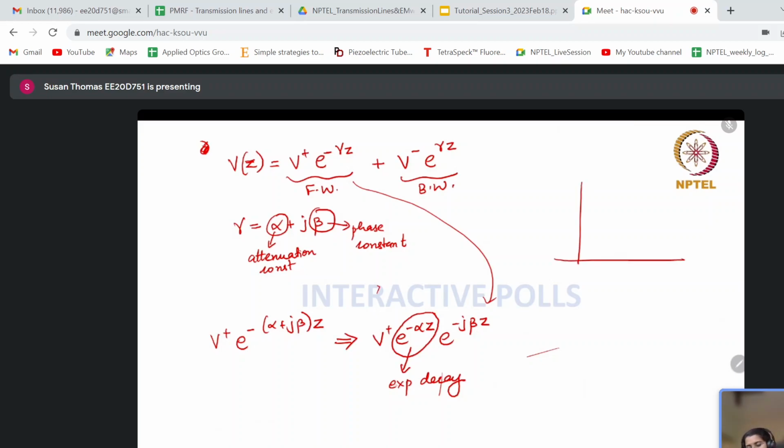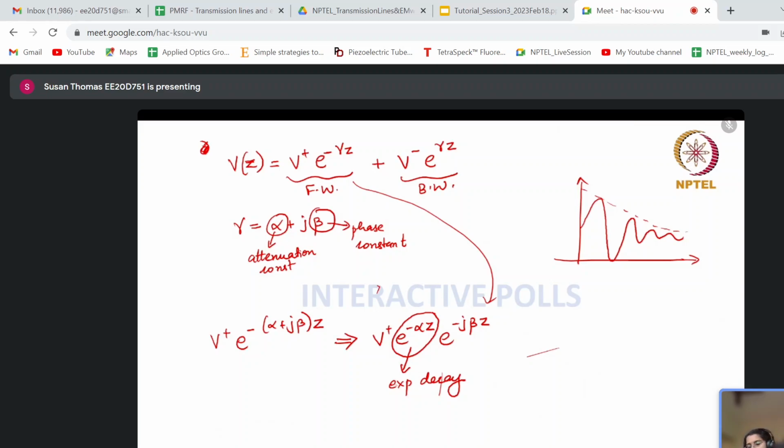If you have a plot of this, it looks like this. There is an exponential decay for the amplitude with the position.